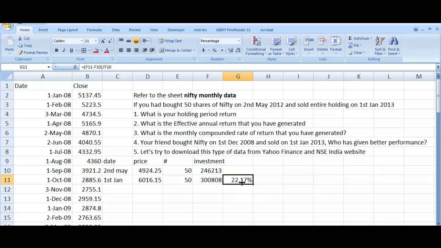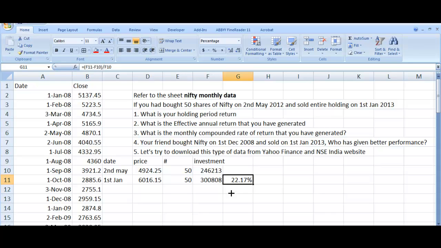If somebody asks you that you have an investment which gives you 25% return in a year, and you have this investment which gives you 22% return in 8 months, which would you prefer? Definitely you would prefer this one, because 22% in 8 months is much better than 25% in 1 year. But if that person says that he will give you 32% return in 1 year, and here you will generate 22% return, which is better?